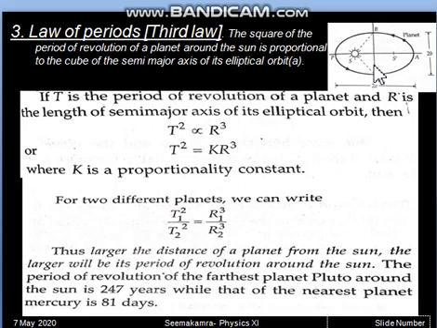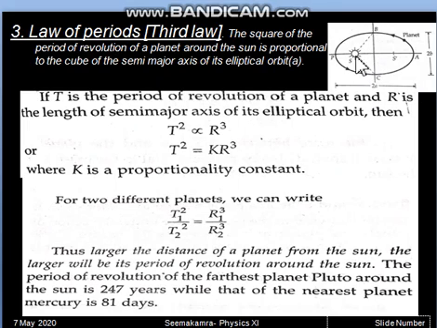Let us understand this diagram again, as we have discussed it before. If a planet is revolving around the sun, then it revolves in an elliptical orbit, and of this elliptical orbit the longer diameter is called the major axis and the shorter diameter is called the minor axis. So 2a is the major axis.